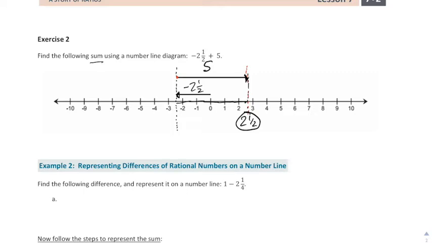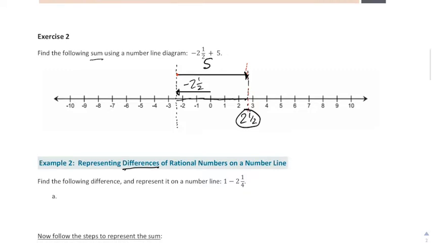And speaking of differences, example number 2 is representing differences. And as a reminder, a difference is informally the answer to a subtraction problem.